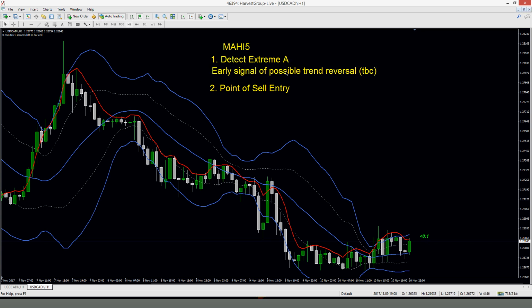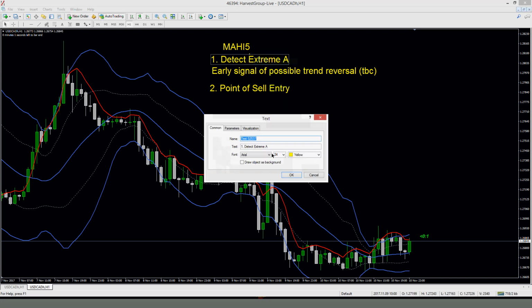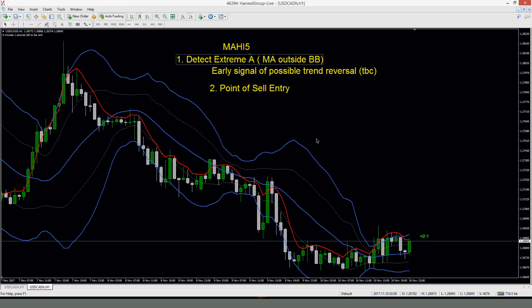An extreme A is an early signal of a possible trend reversal. So what is extreme A? Extreme A is whenever the moving average is outside the Bollinger Band.